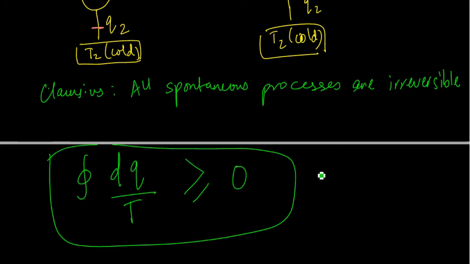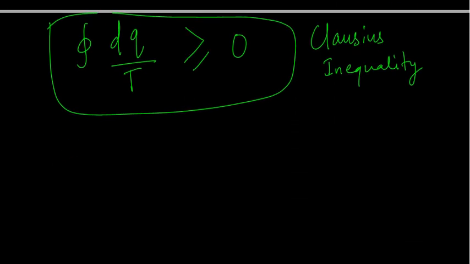It's a very famous inequality, the Clausius inequality. We'll see how it comes about.